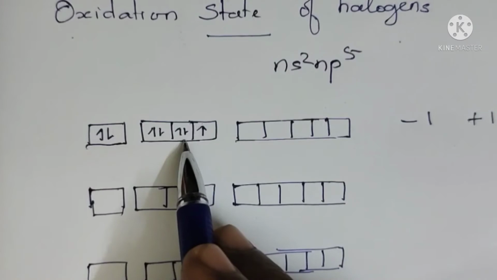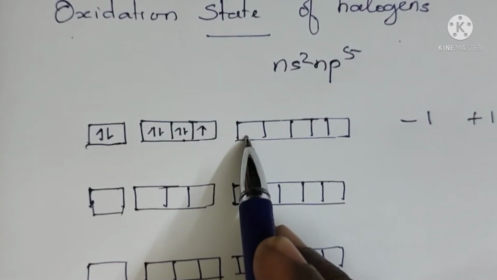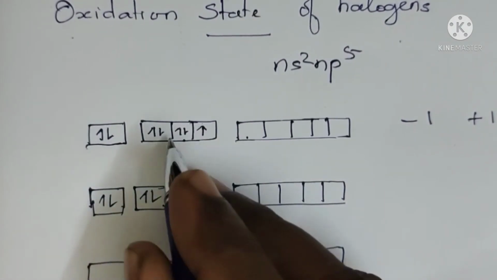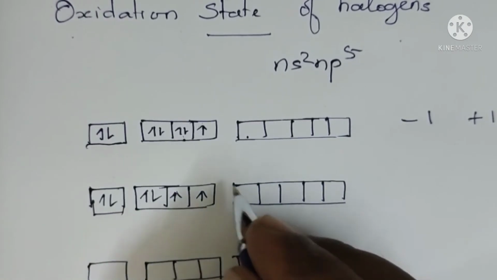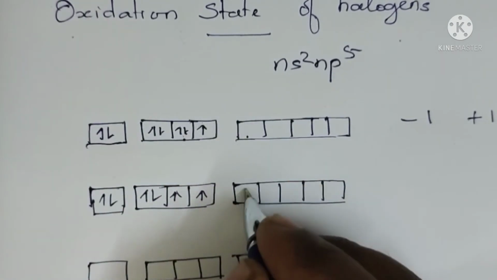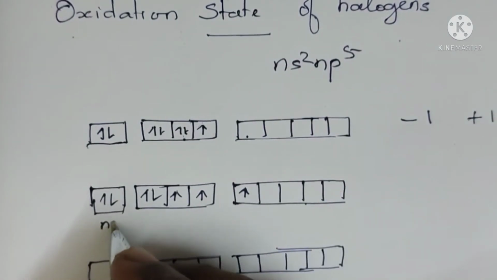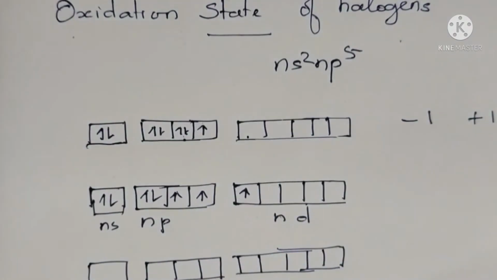Suppose this electron is promoted to a higher energy level, we will get a configuration like this. This electron is promoted, so here is one unpaired electron. This electron is promoted to the higher d orbital. This is the ns orbital, np orbital, this is the nd orbital.